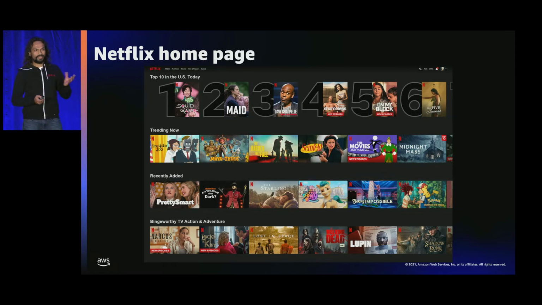So we have about 60 to 90 seconds to get your attention so you would start streaming something. And within that 60 to 90 seconds, we want to render the home page within a few seconds and serve subsequent requests in sub-second time, so you can spend more time choosing the content that you want to stream.